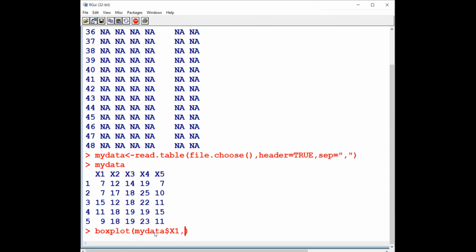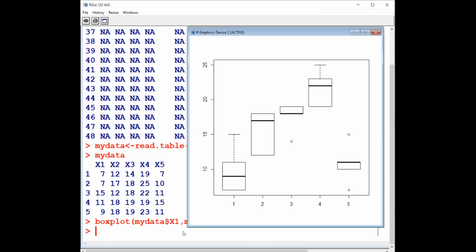Likewise, I'm going to take the box plot with respect to each and every treatment. When you run this command, you will see the box plots under each treatment level.